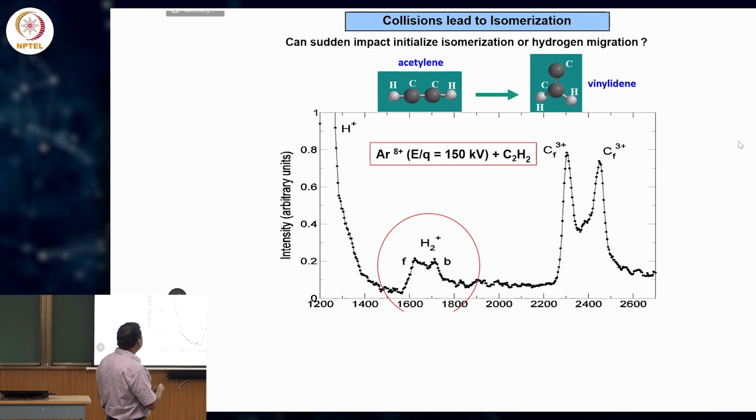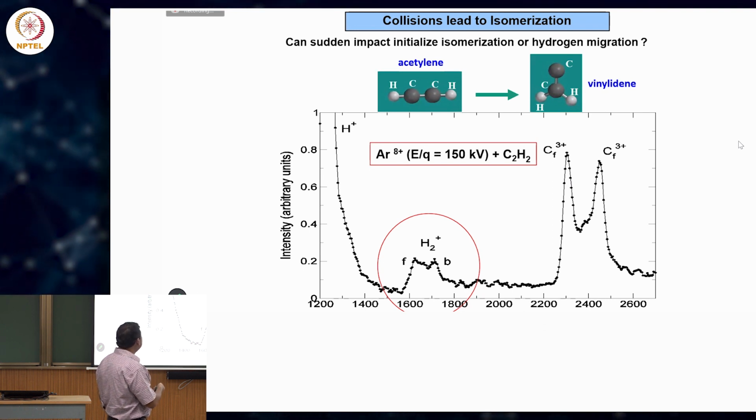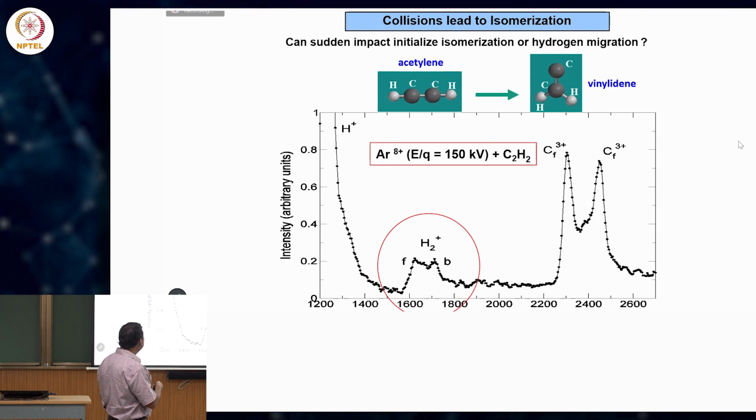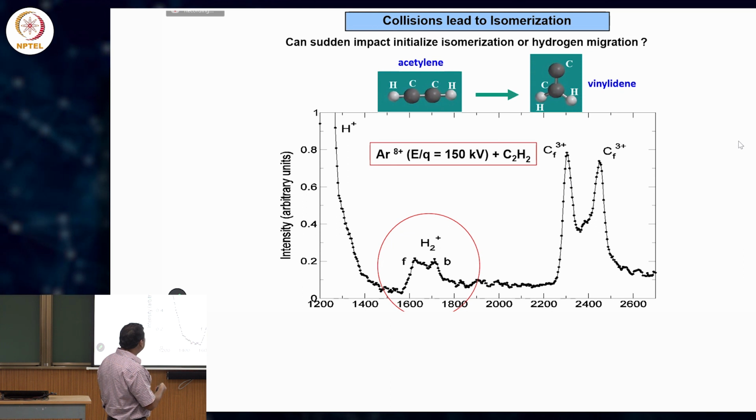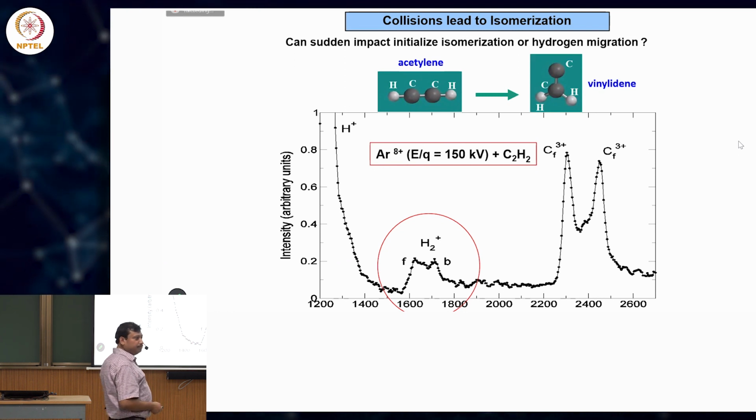Collisions lead to isomerization. This is one spectrum we probably never published. Isomerization is where one hydrogen moves from one side of the acetylene molecule to the other side, making a CH-CH bond with one carbon.